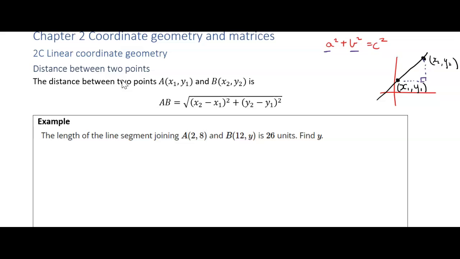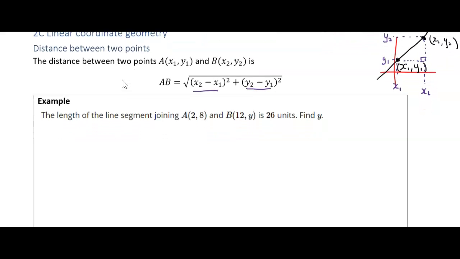So your a comes from doing x2, which is this point here, minus x1, which is this point here. So the difference between the two. So that's why you've got x2 minus x1. And then the same for the y's. So this point here is y2, and this point here is y1. So the difference between them is y2 minus y1.